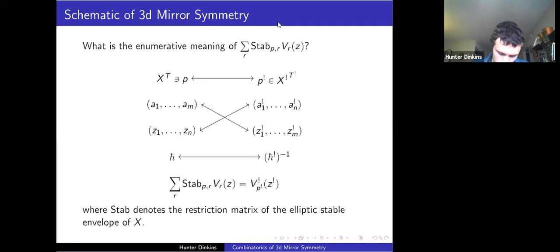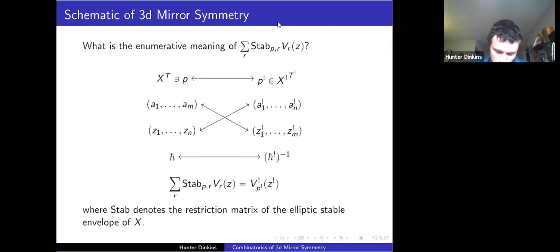So more specifically, what we have between a variety and its 3D mirror dual, which I'll write using the exclamation point, we should have, first of all, a bijection on fixed points.